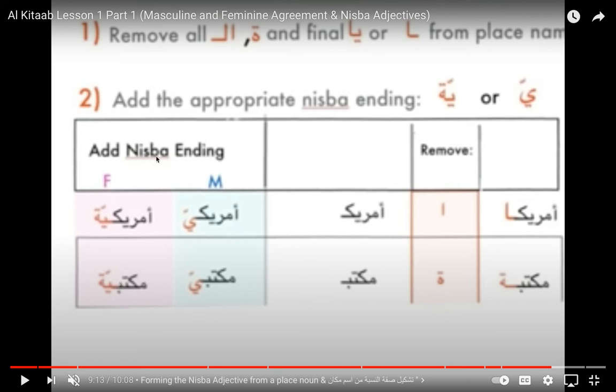So here remove all alif lam and ta and final ya. So see, if you have the alif lam for a country with alif lam, you take it out. I give you an example. If you have Saudiya, Saudiya is a country, is Saudi Arabia. If I wanted to talk about the nationality, meaning a nisba, I will take the alif lam, which means the.